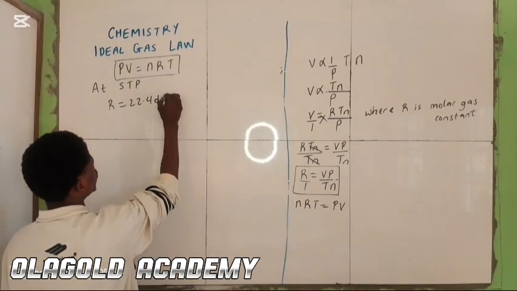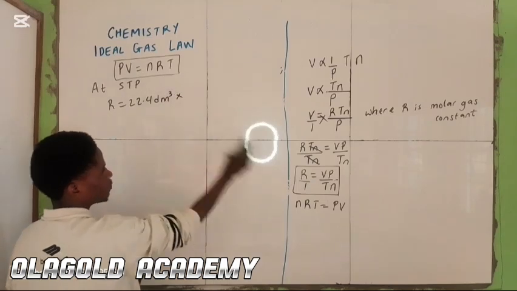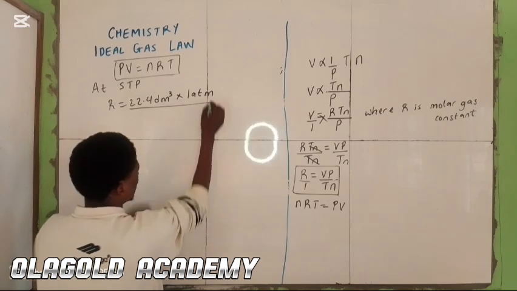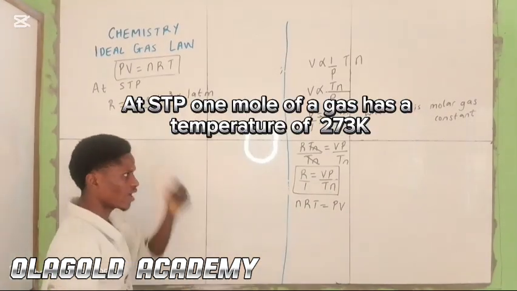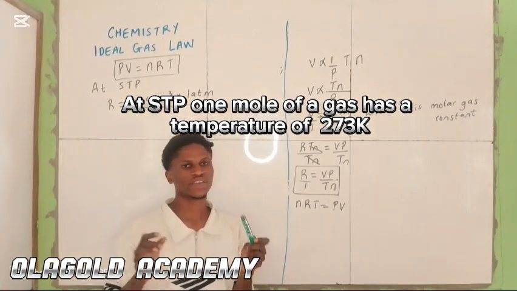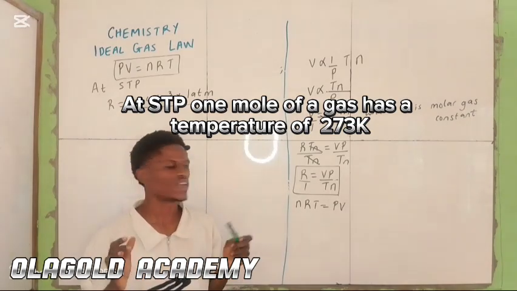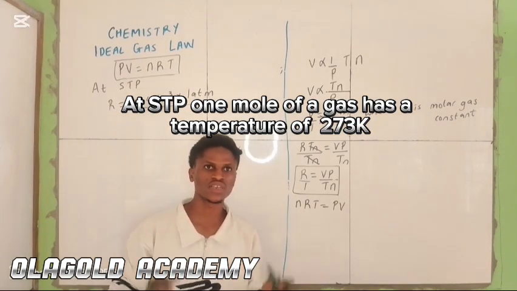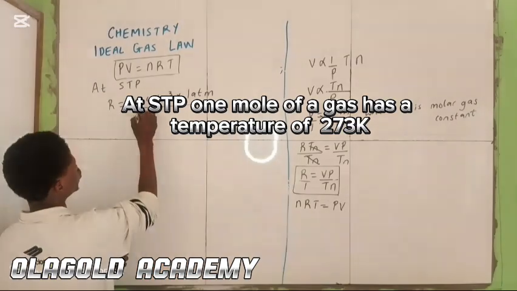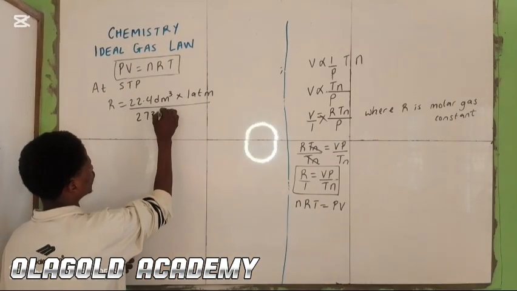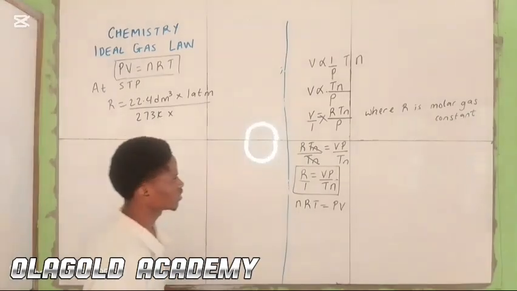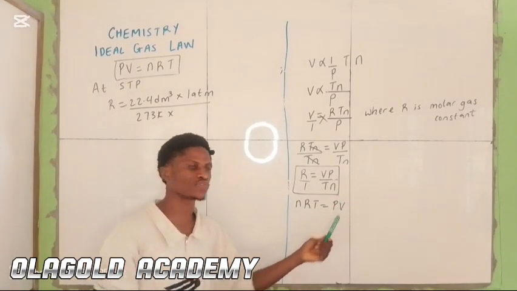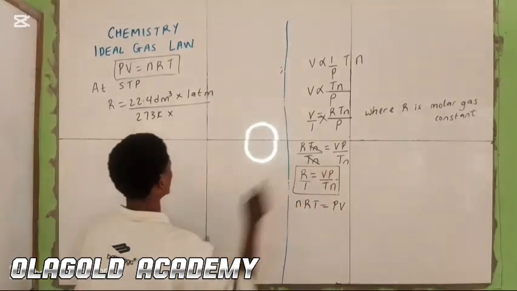We have 22.4 dm³ multiplying 1 atmosphere divided by temperature at STP, which is 273 Kelvin, multiplied by the number of mole, which is 1, because we are dealing with 1 mole of a gas at STP.